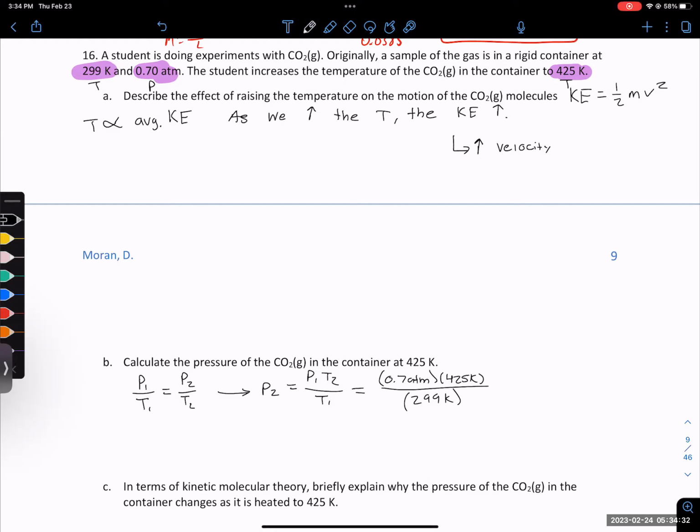Putting this into your calculator, you should get an answer of 0.995 atmospheres. And what do we notice about the pressure as we increase temperature? Did it increase or decrease? It increased from 0.7 to 0.995.